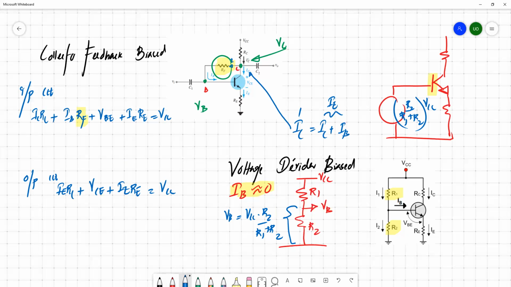Then you can treat this as the input circuit and this as the output circuit. You can refer to the slides to see how we apply Kirchhoff voltage law for this input and output circuit and get some equations. Through these equations, you can solve the circuit.